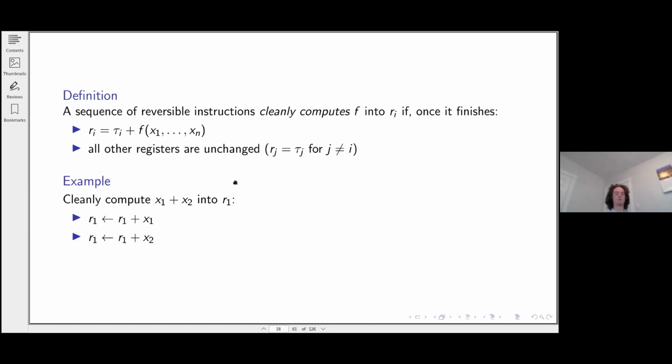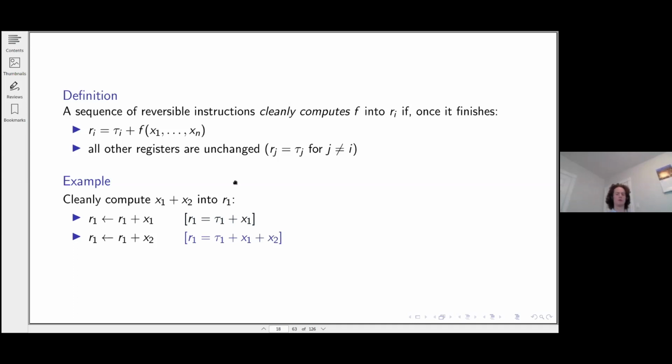So the program's pretty simple. We just add x1 to register 1, then we add x2 to register 1. So after we run the first instruction, register 1's value is its original value tau1 plus x1. And after the second instruction, its value is tau1 plus x1 plus x2. And so that means we have cleanly computed x1 plus x2.